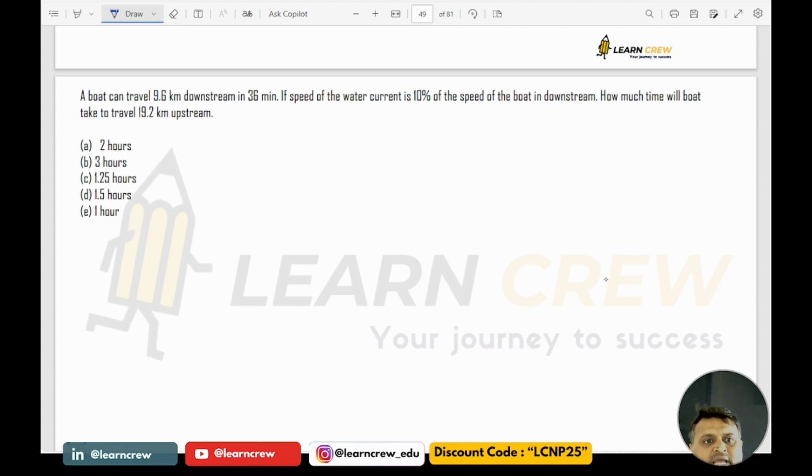Now, a boat can travel 9.6 km downstream in 36 minutes. So what is the speed? 9.6 divided by 36/60 gives 16 km per hour, the downstream speed.